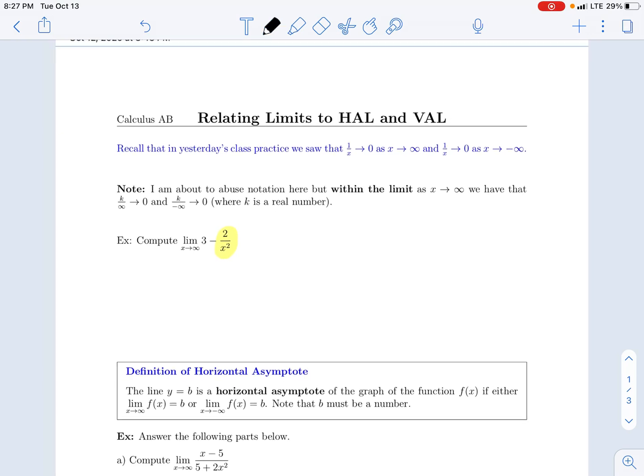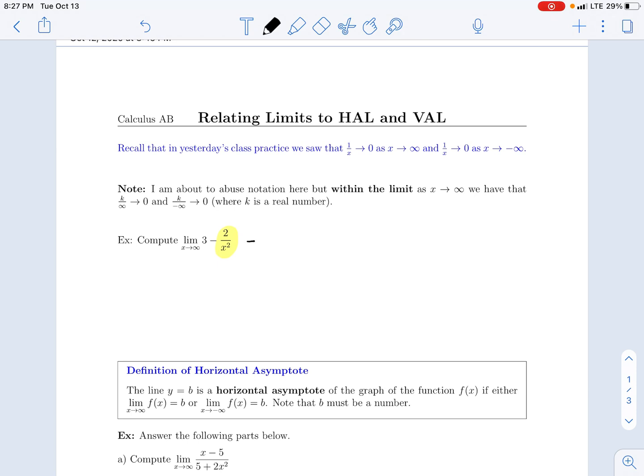Now, showing this out here, using the properties of limits, this is the limit as x approaches infinity of 3 minus the limit as x approaches infinity of 2 over x squared. Again, using the properties of limits, I know that this first limit is just going to be 3, because remember that the limit of a number is just that number.